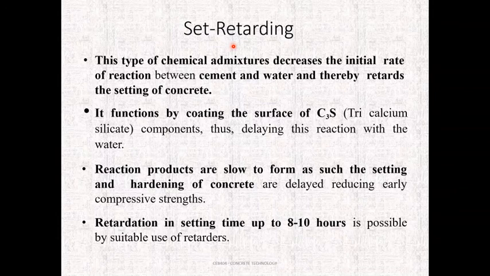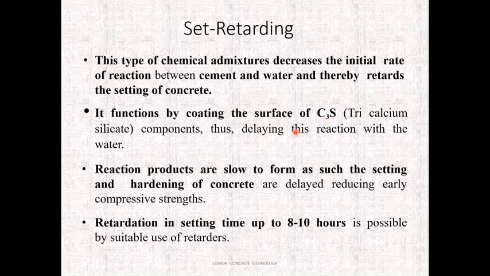The next one is set retarding admixtures, commonly known as retarders. It is the chemical admixture which is added to decrease the initial rate of hydration or delay the setting of the concrete. It functions by coating the surface of C3S. We usually know tricalcium silicate is responsible for the setting of the concrete.